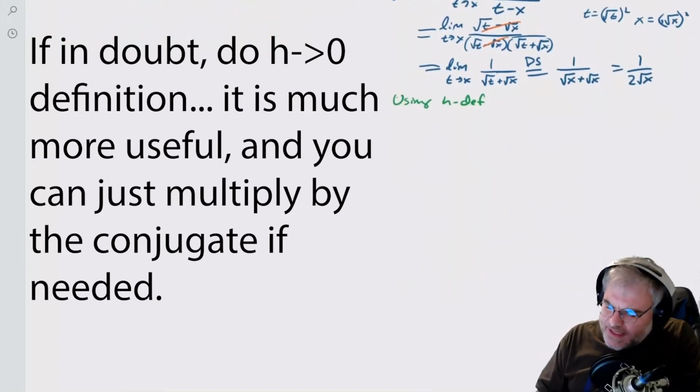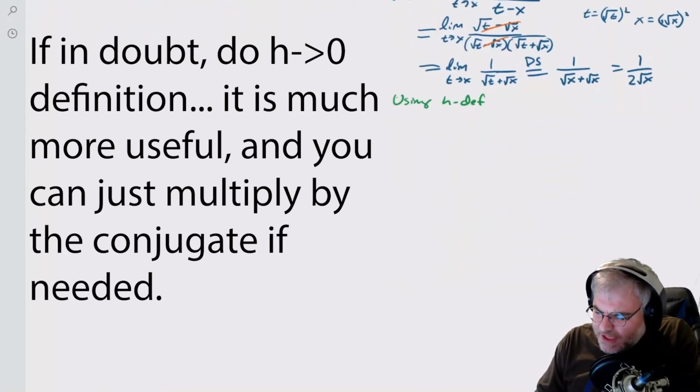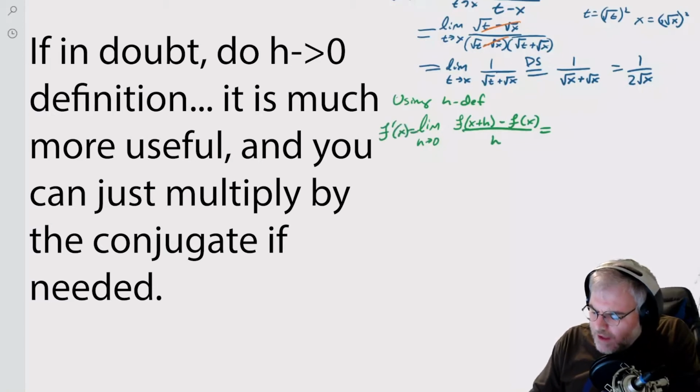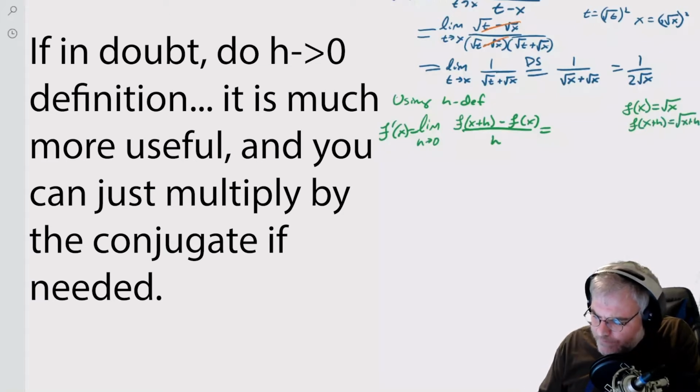If I wanted to do the same thing with the h definition, I'd do the limit as h goes to 0 of f of x plus h minus f of x all over h equals, I need to put f prime of x here, don't I? Now f of x equals the square root of x. That means f of x plus h equals the square root of x plus h.